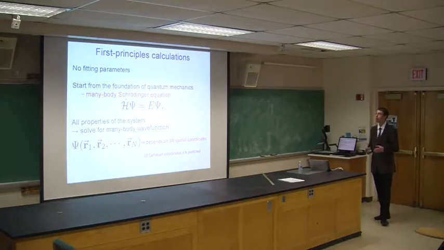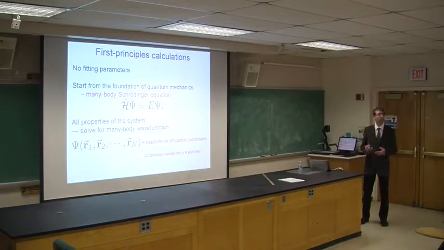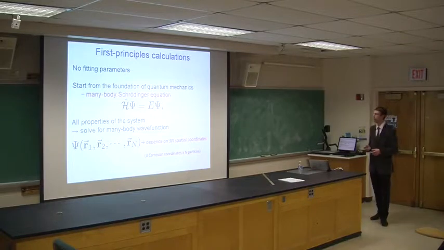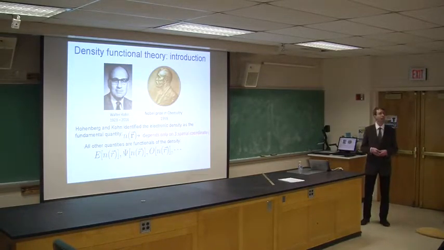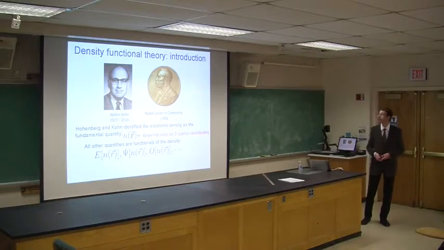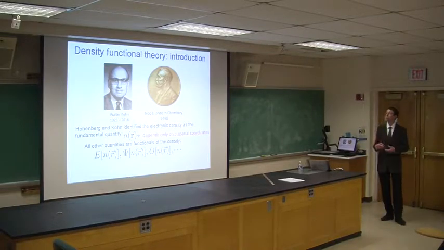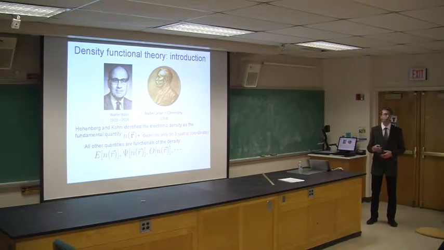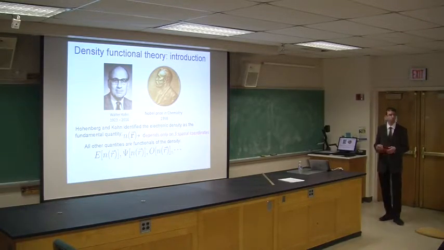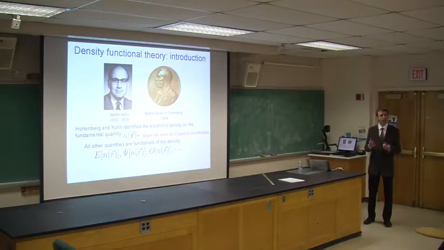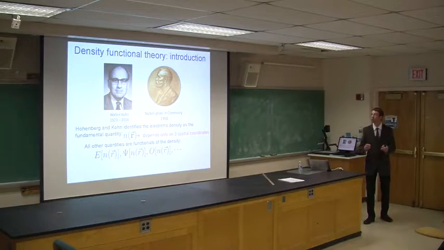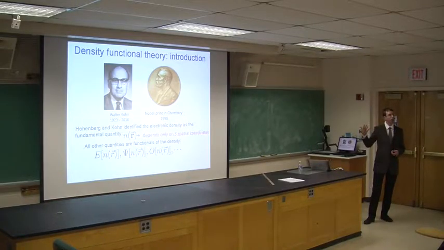The way to solve this problem is given by density functional theory, which was devised by Walter Kohn, who used to be at the University of California, Santa Barbara, and who received the Nobel Prize in Chemistry in 1998 for his contributions. What he did, together with Pierre Hohenberg, was come up with the idea that it's actually not the many-body wave function you need to know.